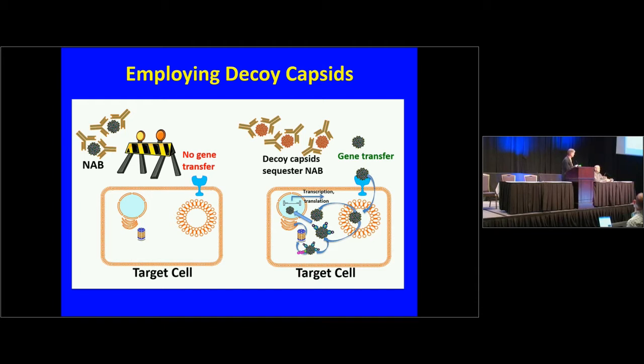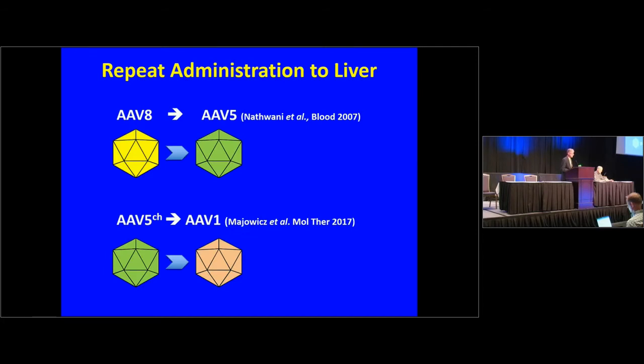There is also a strategy that Federico Mingozzi and Katherine High developed, which is decoy capsids, so that you spike your vector with empty capsids and they soak up the antibodies, get them out of the way, and then allow your therapeutic vector with its therapeutic payload to transduce the target cell. Depending on the pre-existing titer, the amount of decoy capsids has to be adjusted.